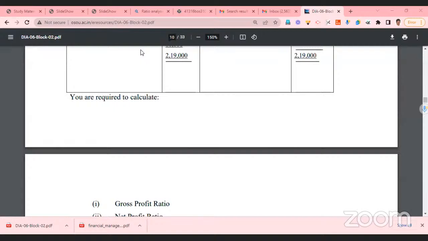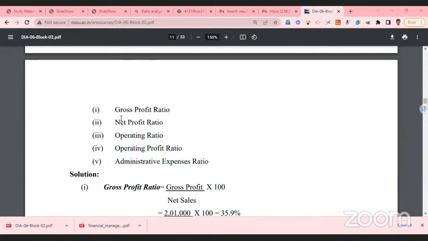We are expecting problems on these profitability ratios in the examination also. It is very simple to calculate. The gross profit ratio is gross profit by sales into 100. The net profit ratio is net profit by sales into 100. Operating ratio is cost of goods sold plus operating expenses by sales into 100.